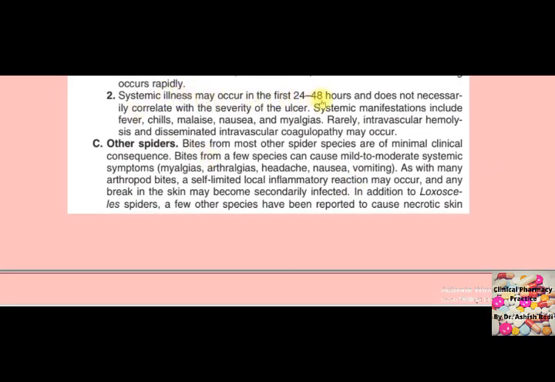Systemic illness may occur in 24 to 48 hours and does not necessarily correlate with the severity of the ulcer. The systemic manifestations can occur like fever, chills, malaise, nausea, myalgias, and rarely intravascular hemolysis and disseminated intravascular coagulopathy. These are the rarest.